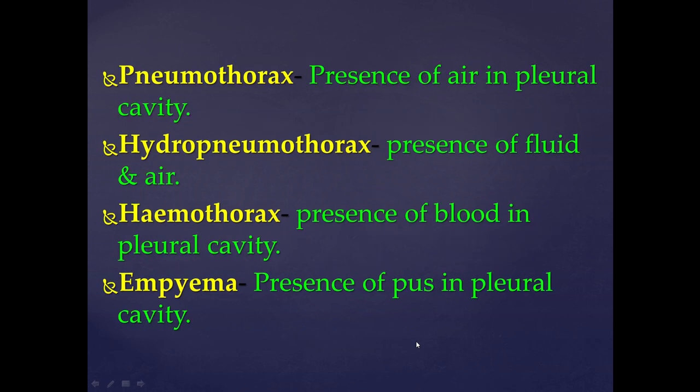There are certain terms you should know, like pneumothorax. Pneumothorax means presence of air in the pleural cavity. Hydropneumothorax means presence of fluid as well as air. Hemothorax means presence of blood in the pleural cavity. Empyema means presence of pus in the pleural cavity.